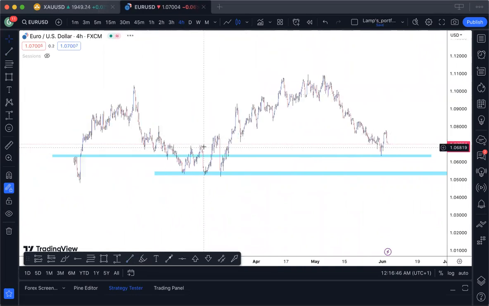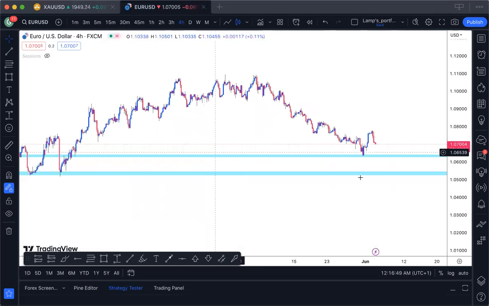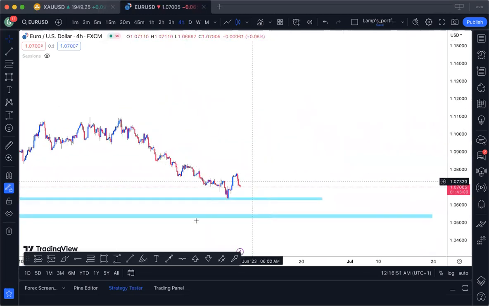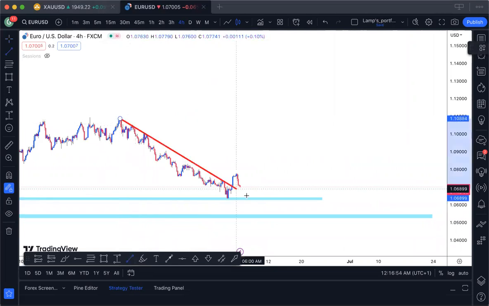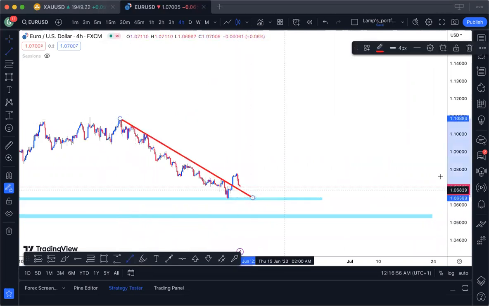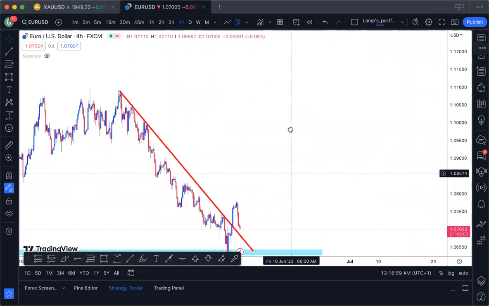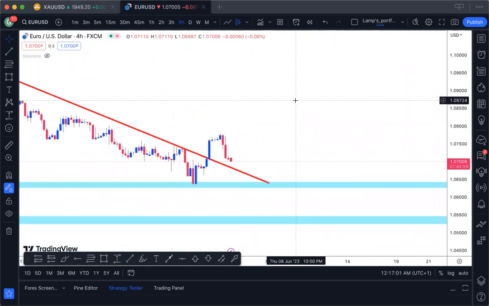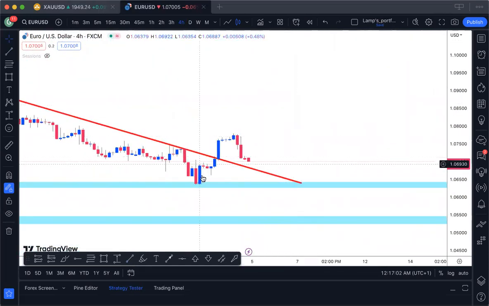The weekly QM, plus a kind of hybrid forming here. There's an engulfing sitting here, and I'm seeing a QM forming beneath here.